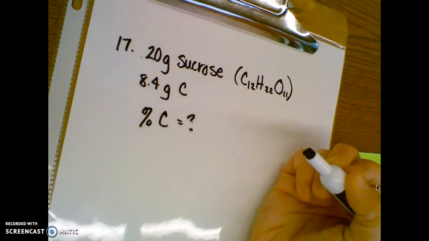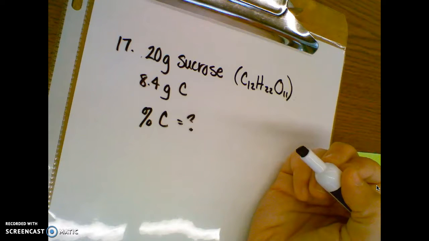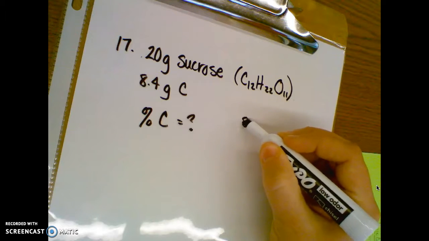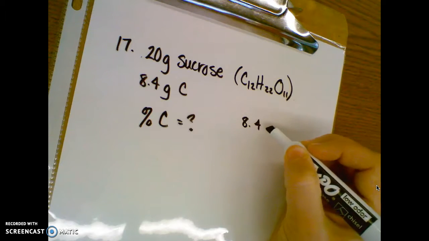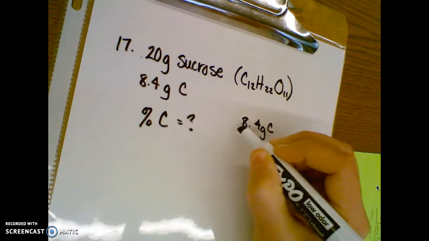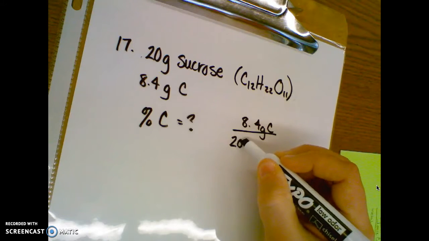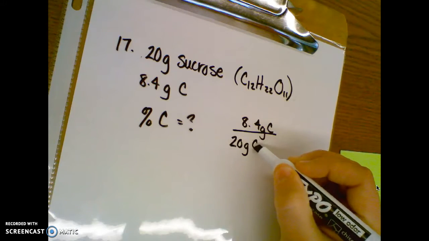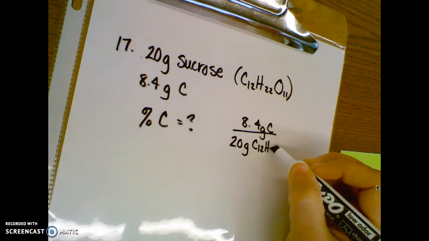So I'm going to put a question mark there because I want to find out what is the percentage of carbon in this sample. So what I'm going to do is I'm going to take the 8.4 grams of carbon and divide it by the total amount of the compound.